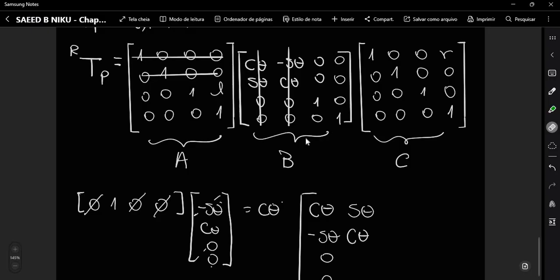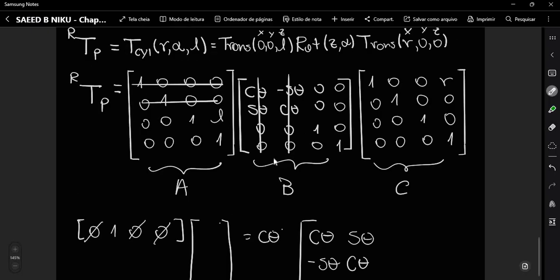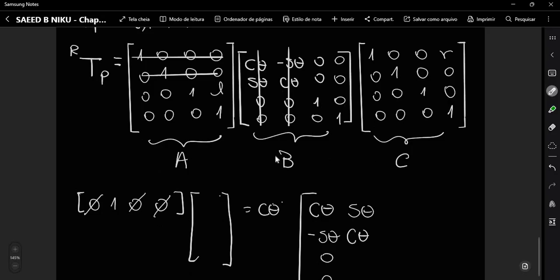Now we can do more easily 0 times 0, 1 times 0, 0 times 1, 0 times 0, so it's 0. And right here is 0 too.